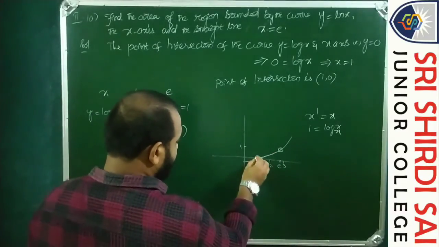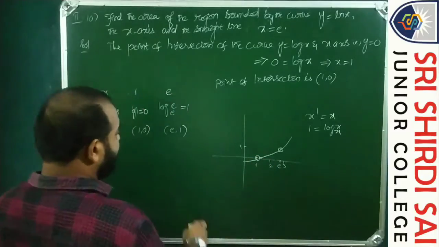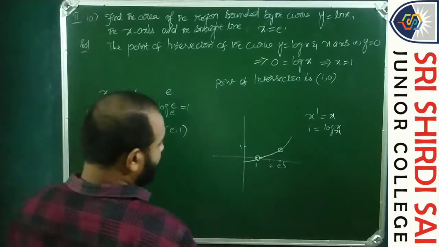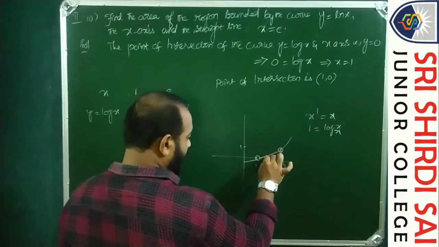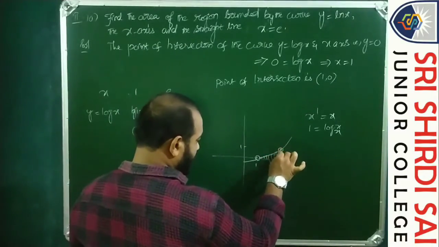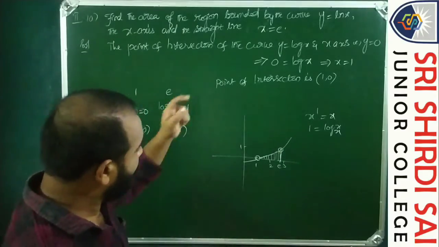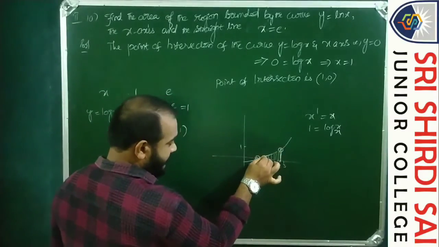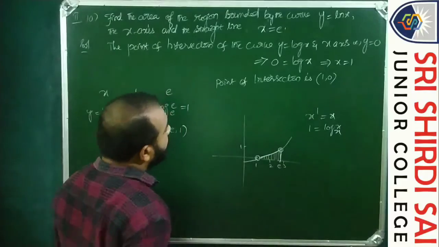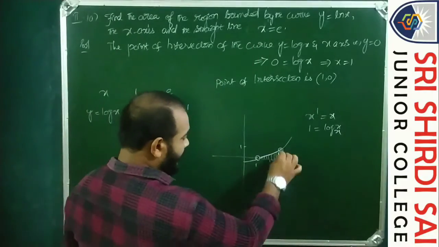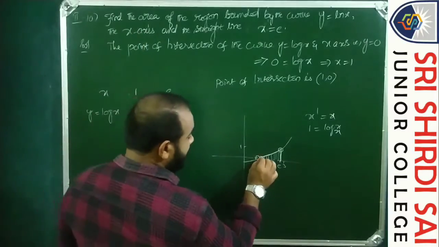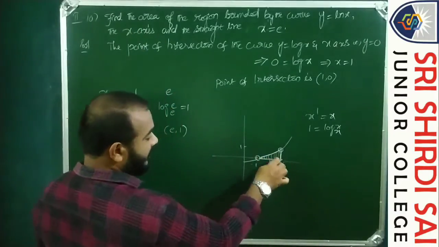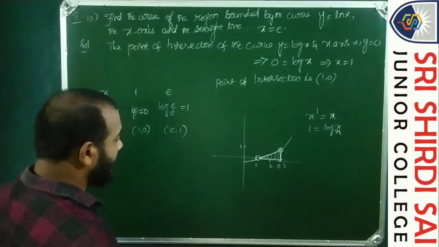Now, x equals e is this line. Now, this area of the region we need to find out. Therefore, y equals log x is this curve, x equals e is the vertical line, and the x-axis is this. So actually here some area has been generated.